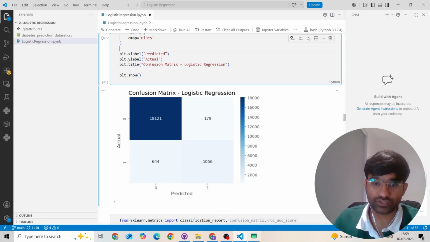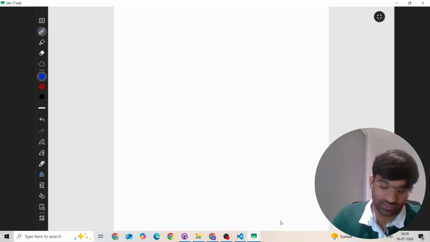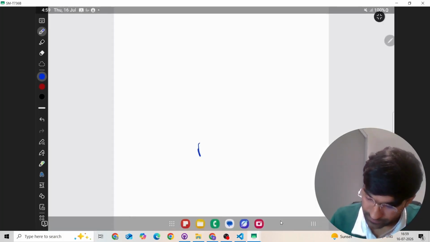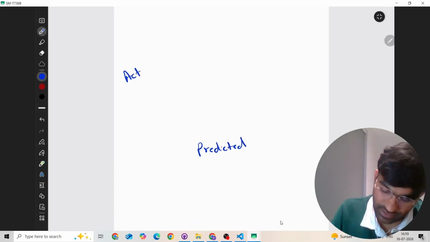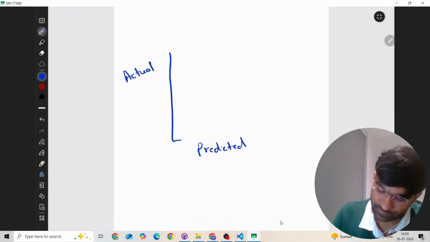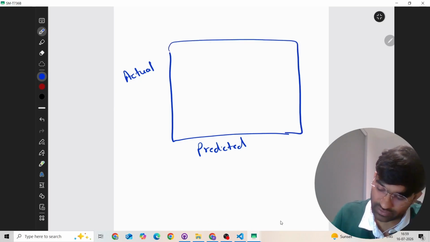What is the true positive here, what is the false positive here? Let me show you. So this is predicted and this is actual, and the data points are also changed, right?